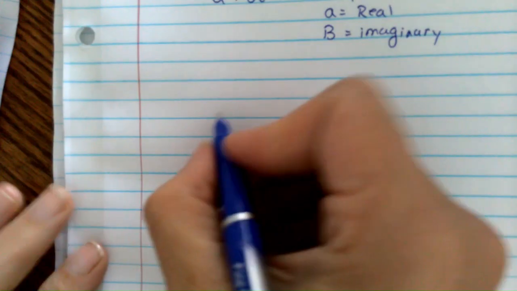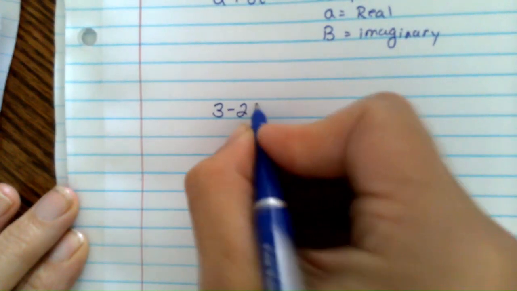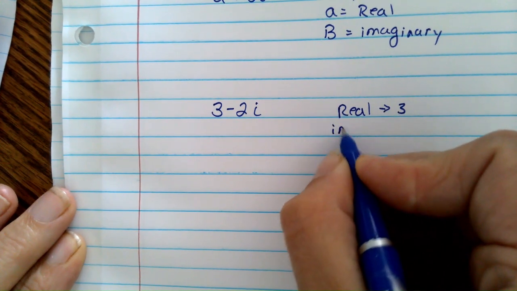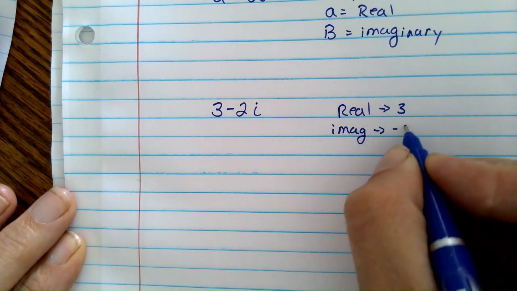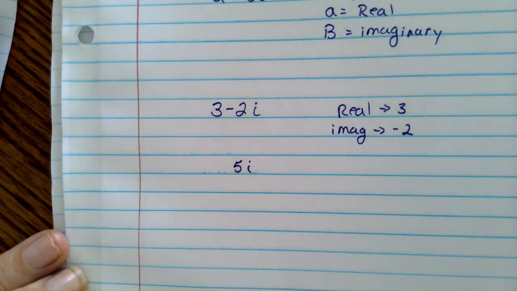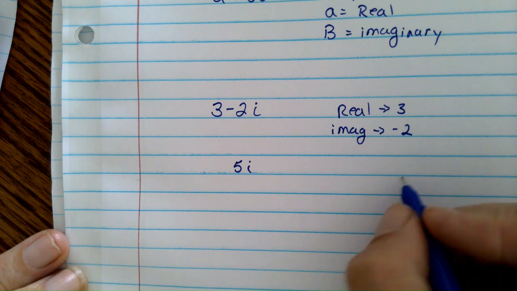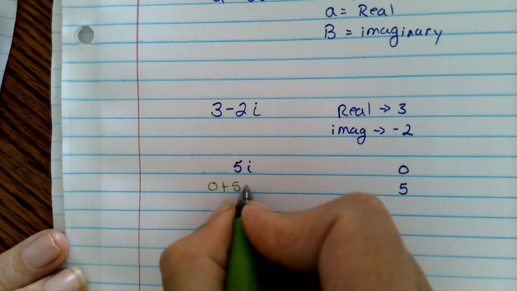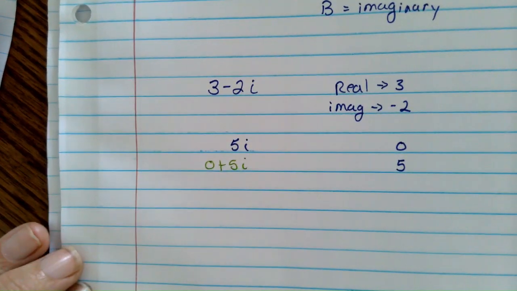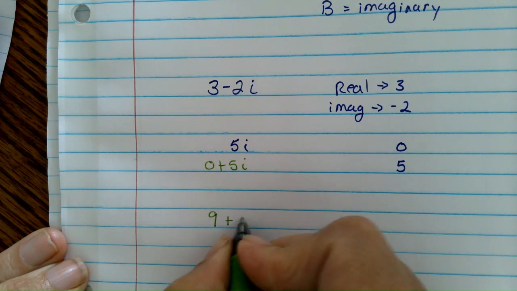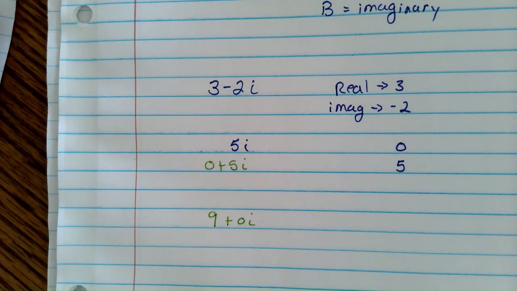So if I have 3 minus 2i, the real part is 3, and the imaginary part is -2. If I just have 5i, isn't this the same as having the real part being 0 and the imaginary part being 5? Yes, because this is the same thing as saying 0 plus 5i. Does that mean I can write any real number in complex form? Yeah. 9 plus 0i. I mean, I get that it's 9.